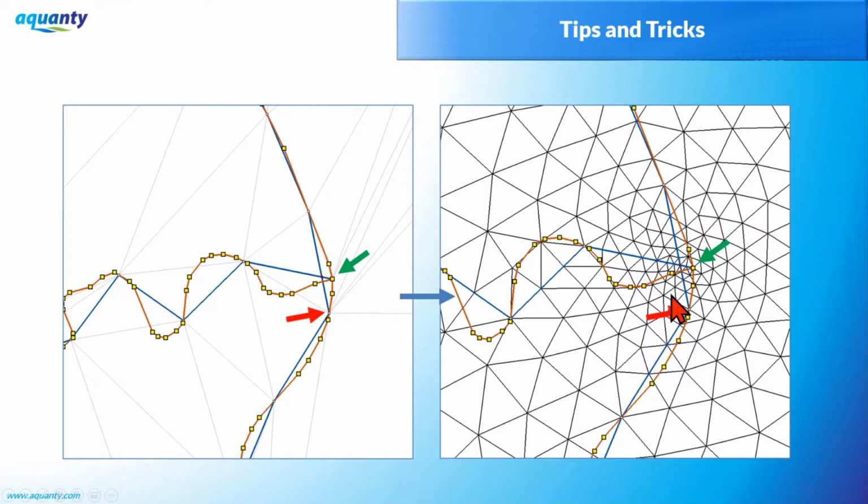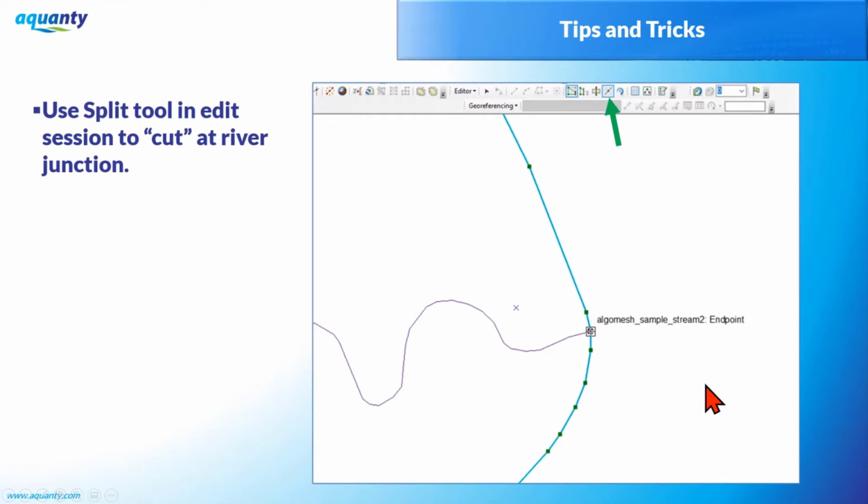So what happens when it tries to create the mesh is these two locations were sampled, but since there was no endpoint here, this point was not maintained for this larger segment. So we end up with this crosscut where we have this little extra bit sticking off the end.